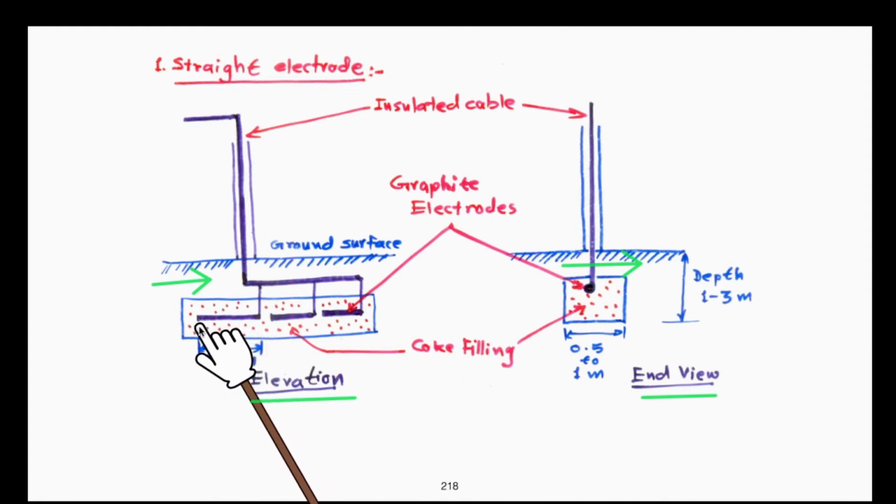Consumed means that the electrode material, when it carries DC current from one end to the other, it is observed that due to the electrolytic action, the iron gets decomposed and electrode material is consumed.